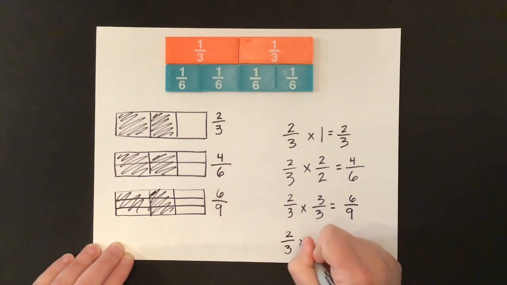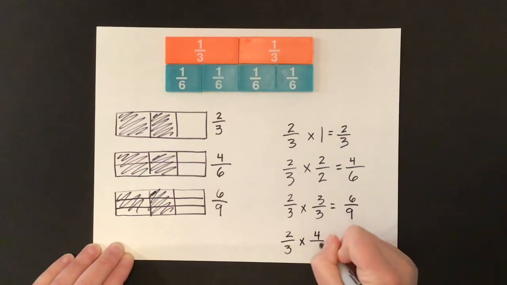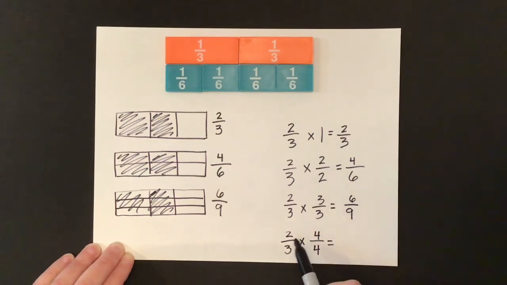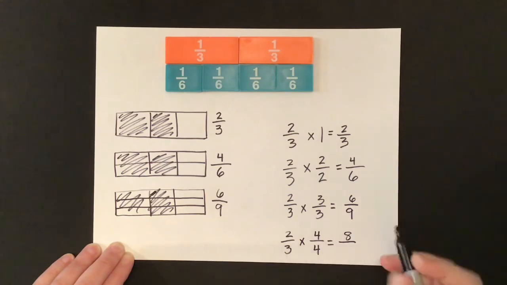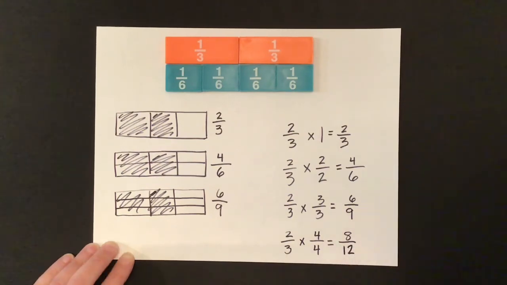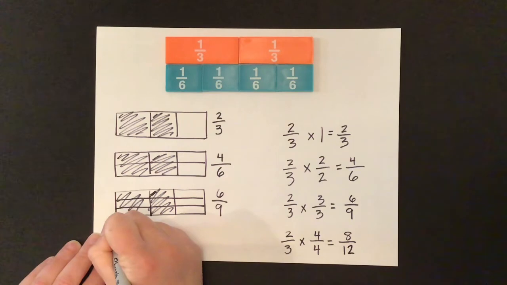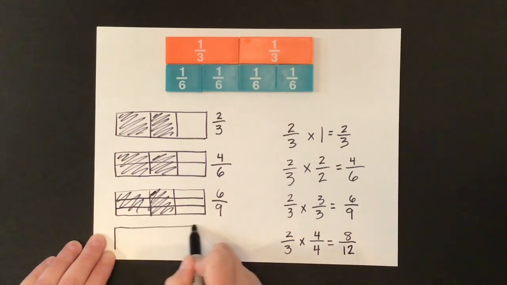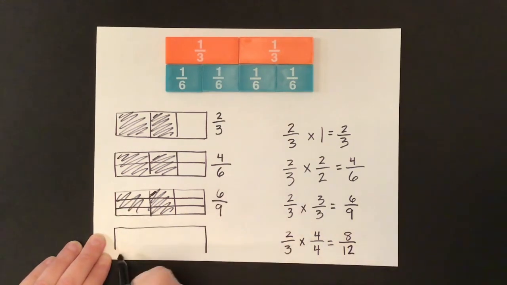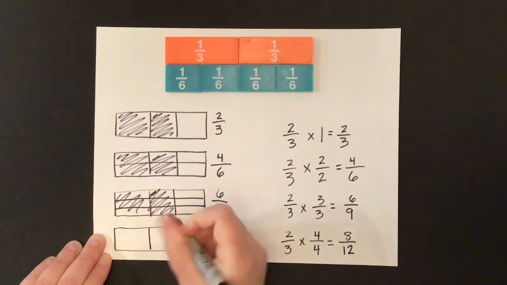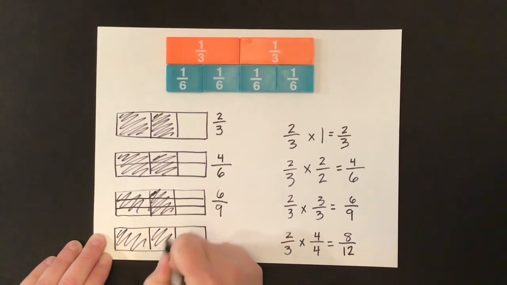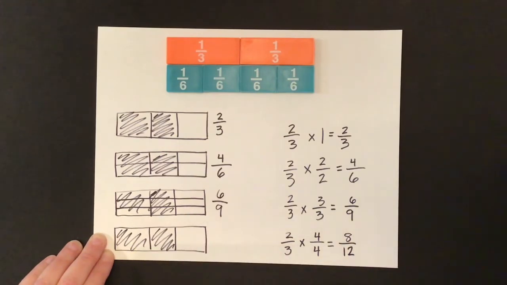Let's see what 2/3 times 4/4 equals. 2 times 4 equals 8. 3 times 4 equals 12. So if I show that with my picture, we'll show 2/3. I need to quadruple the number of pieces.